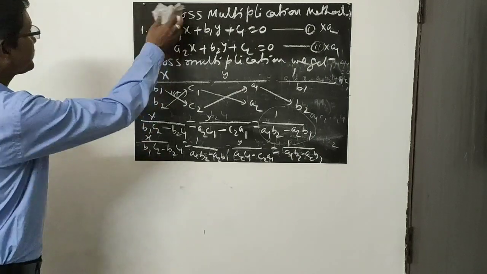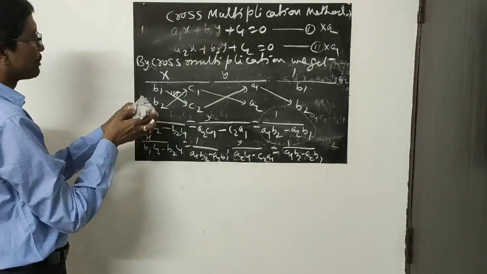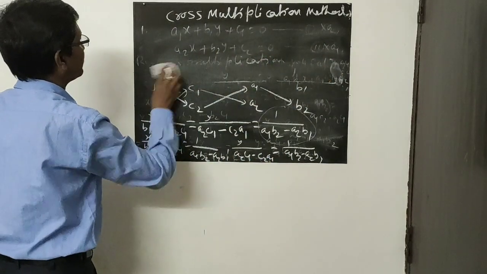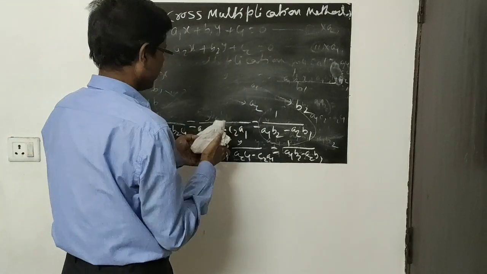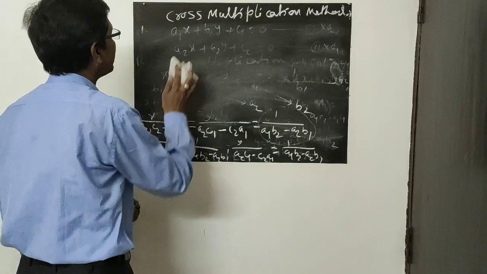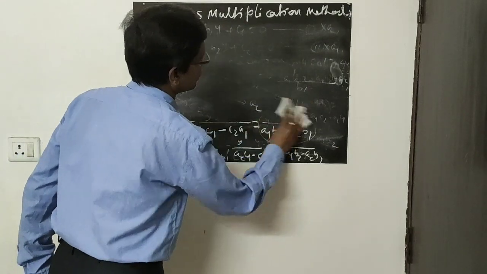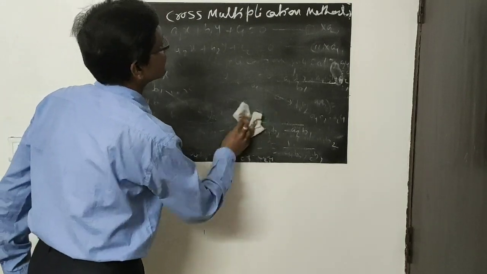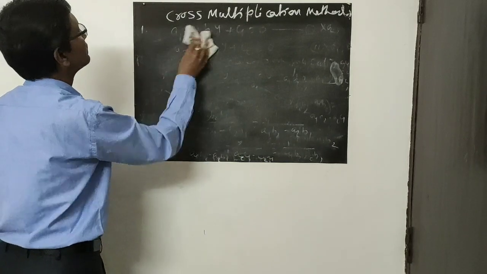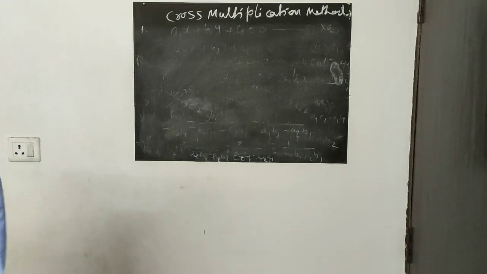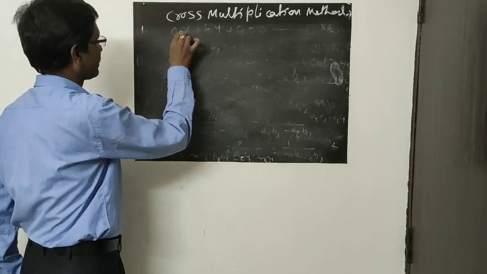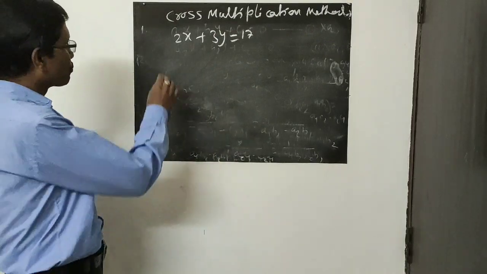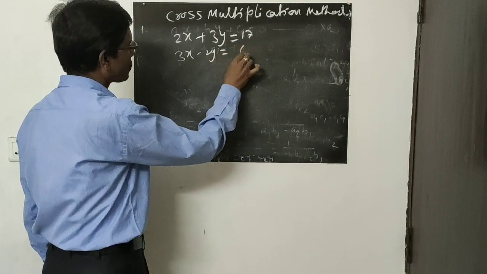Suppose you have 2x plus 3y equal to 17 and 3x minus 2y equal to 6.